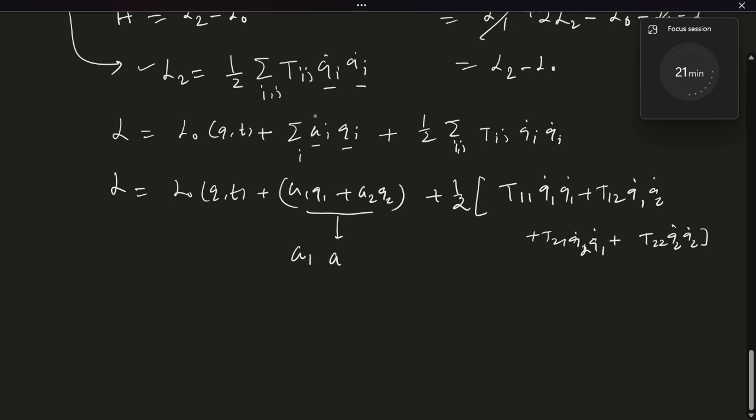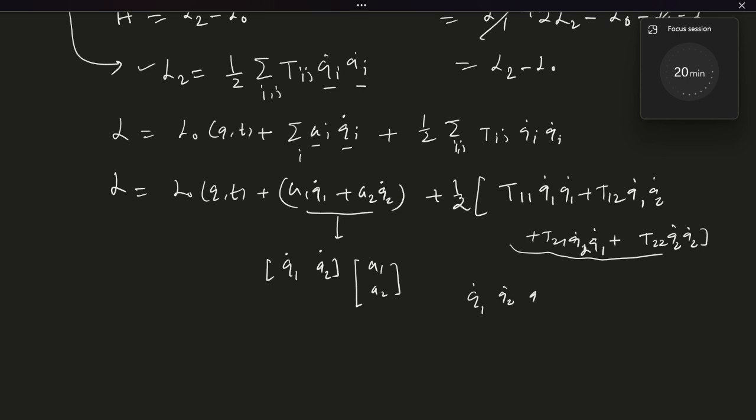There's a row matrix q1 q2 multiplied with the column matrix a1 a2. I can also write the other term in matrix form: q1 dot q2 dot, multiplied with the matrix T11 T12 T21 T22, multiplied with the column q1 dot q2 dot.